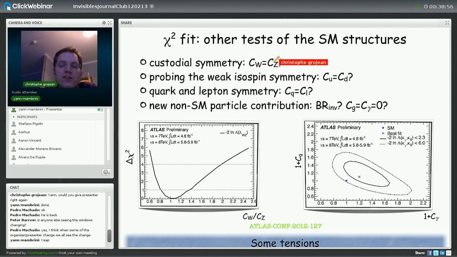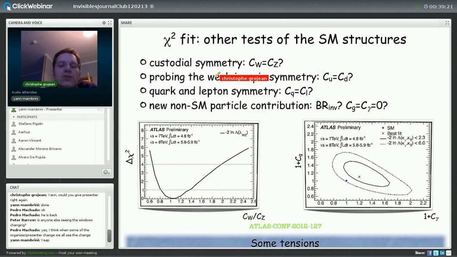And of course, this is very important if you want to be consistent with all electroweak precision data. For instance, if those two deviations were not equal to each other, then at one loop you would generate a huge contribution to the T oblique parameter that is in conflict with the LEP measurement. So basically, testing this relation is a way to see if the LHC data are consistent with the LEP electroweak precision data.